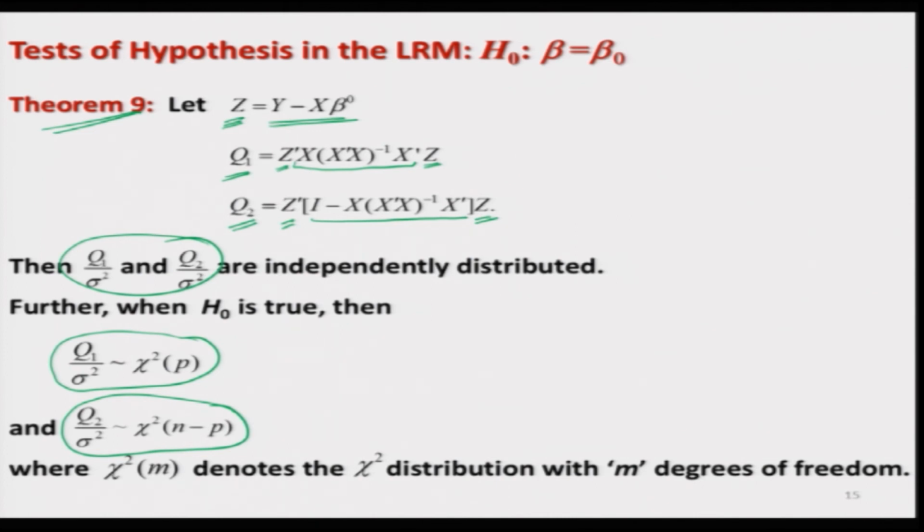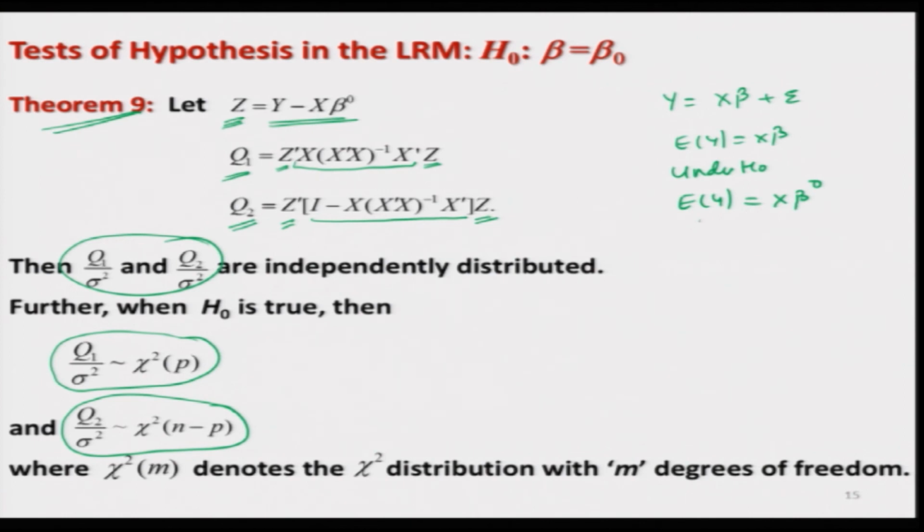Why is this a central distribution? Because our model is y equal to X beta plus epsilon, where the expected value of y is X beta, and under H naught the expected value of y is X beta naught.